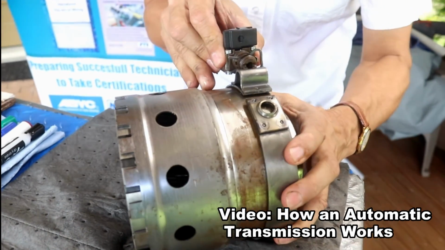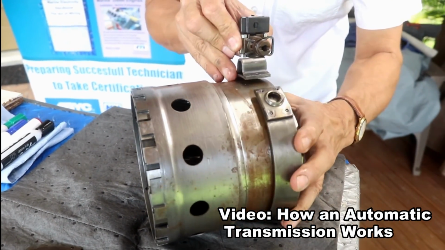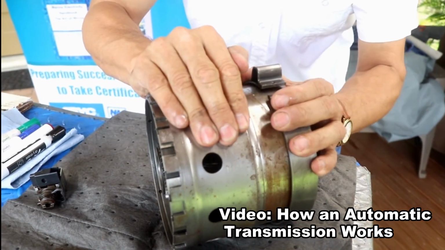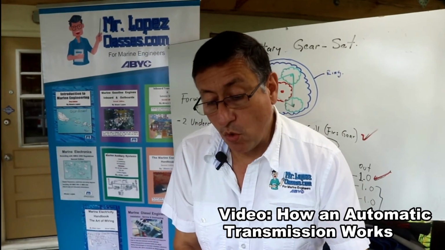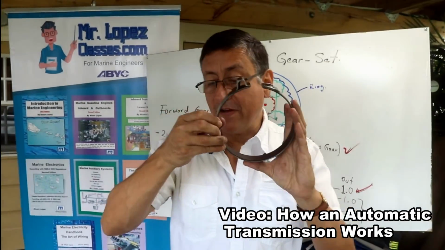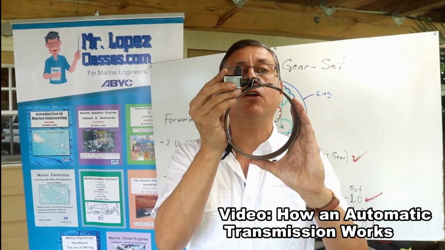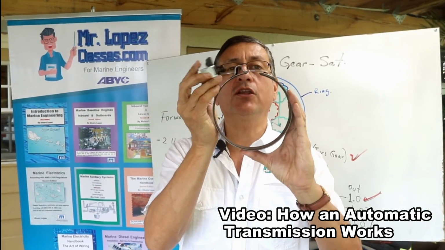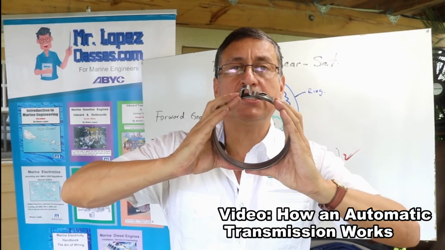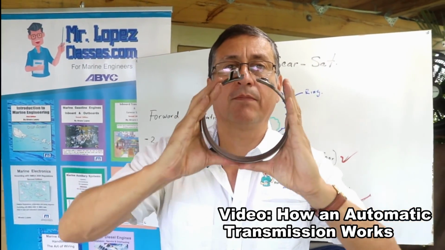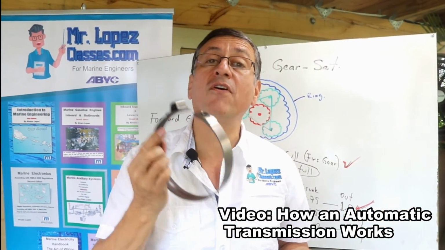The solenoid closes or opens, and you stop the ring or free the ring. In other words, the servo band is activated by a solenoid in order to stop or free. This is the procedure with the servo band.